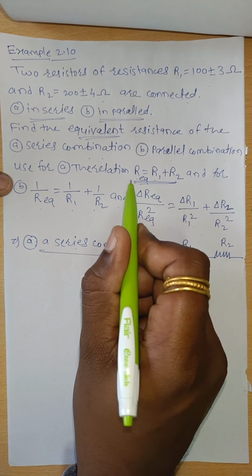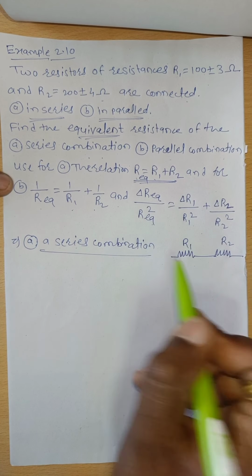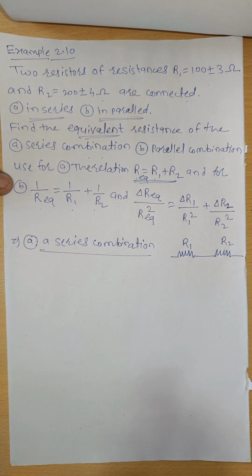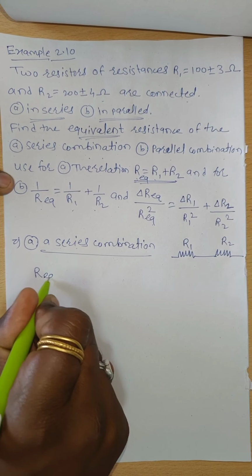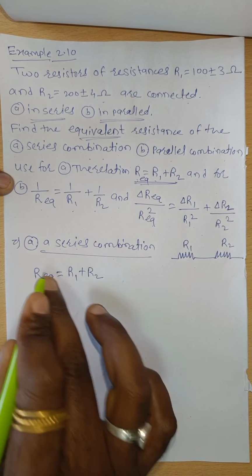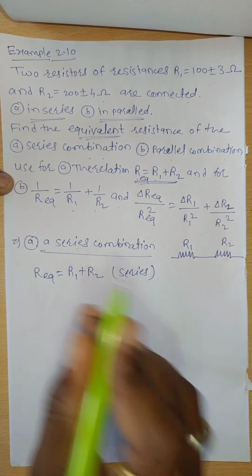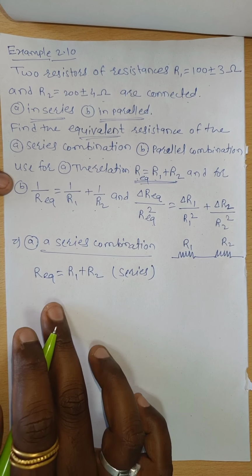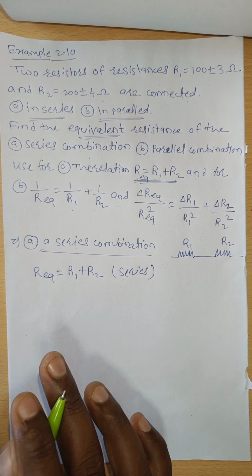Then you know the formula R equivalent is equal to R1 plus R2 when the two resistors are connected in series.